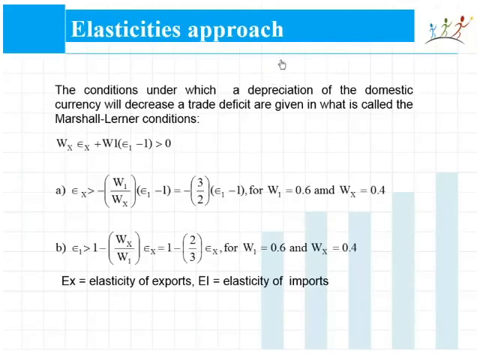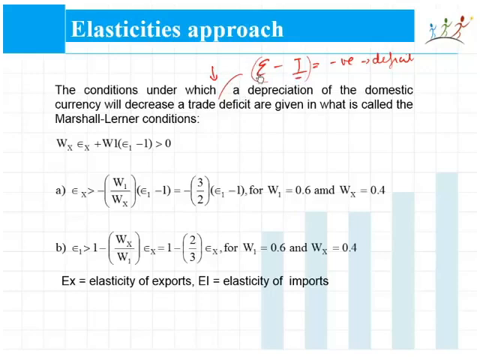In the last part of the review on currencies, we'll study how the currency depreciation affects the trade balance or the trade deficit. So the trade deficit, as we studied, can be calculated as the exports minus the imports. A negative number would imply a deficit. As the currency depreciates, whether this difference will increase, that is, become more negative or not, depends on the elasticities of my exports and imports to a currency depreciation.